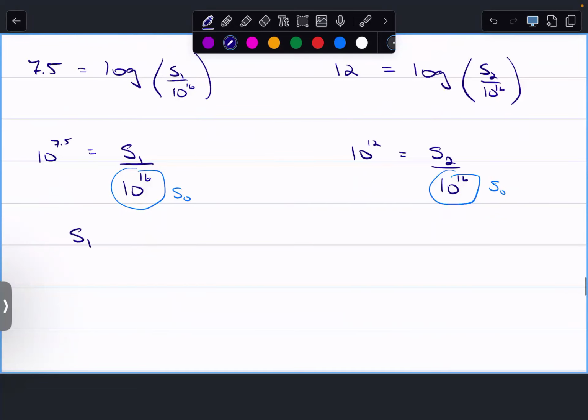This is going to look like S1 is 10 to the 7.5 times 10 to the 16, which you could add those powers because you have the same base, or you could say 10 to the 7.5 times S naught, which is a little bit cleaner, maybe. S2 doing the same thing, 10 to the 12 times 10 to the 16, or if you prefer, 10 to the 12 times S naught.